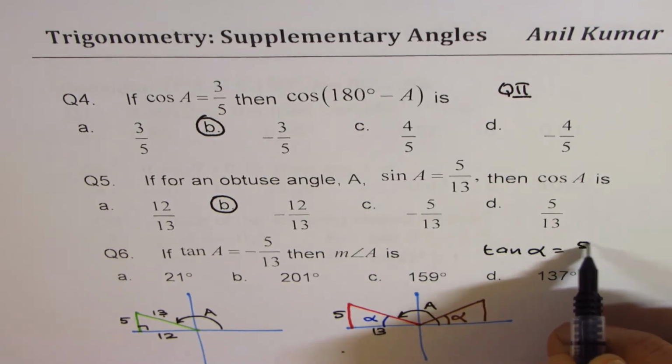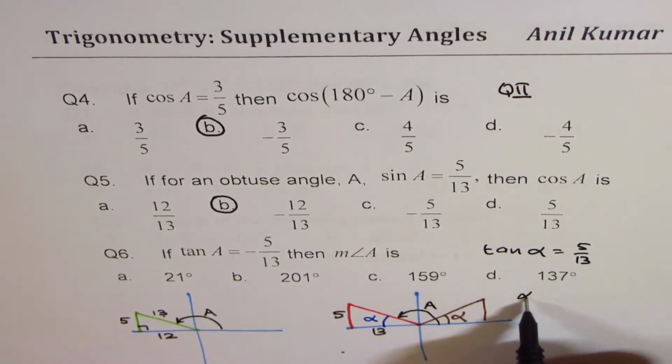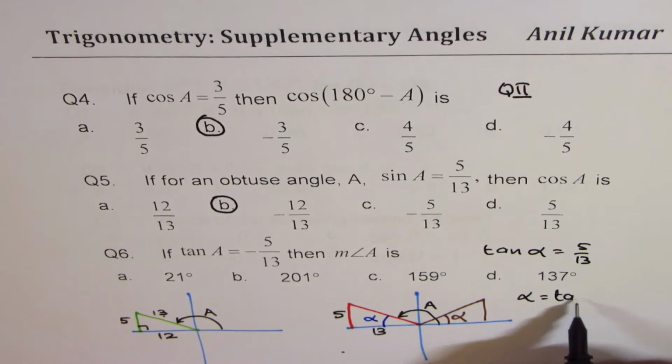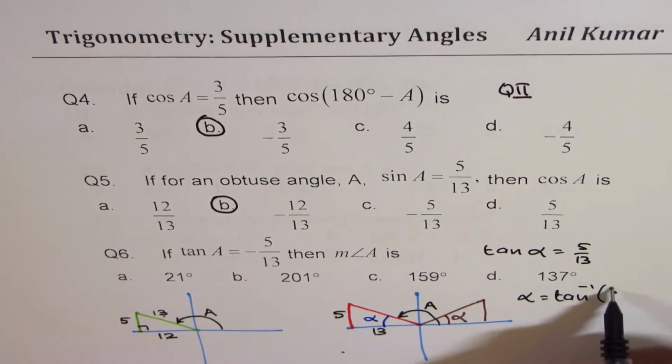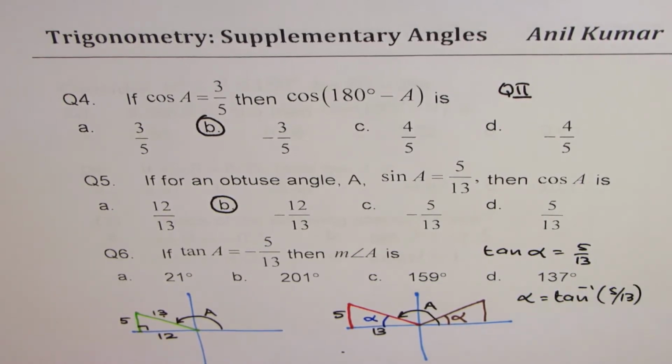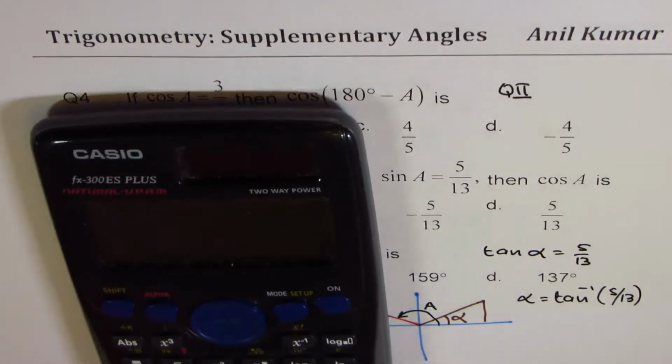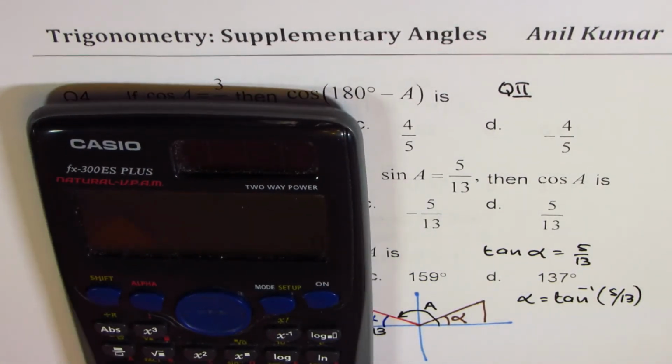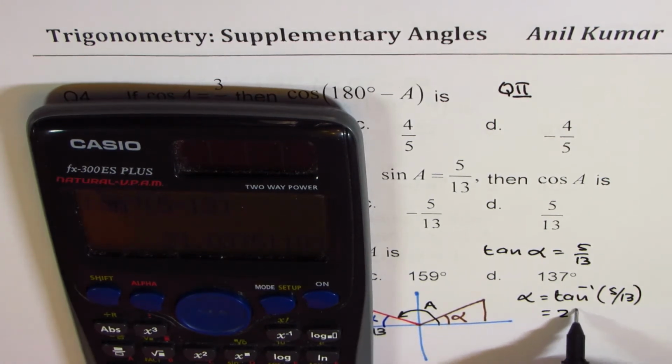So it would be 5 over 13. So alpha is going to be equal to tan inverse 5 over 13. So let's use the calculator to figure this out. Shift tan inverse 5 divided by 13 equals 21 degrees.